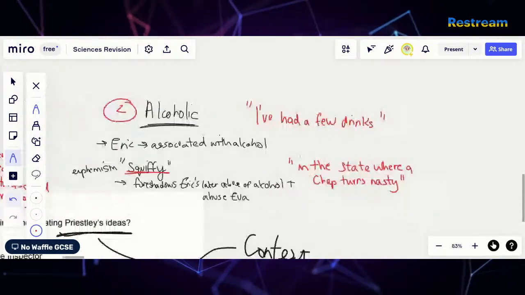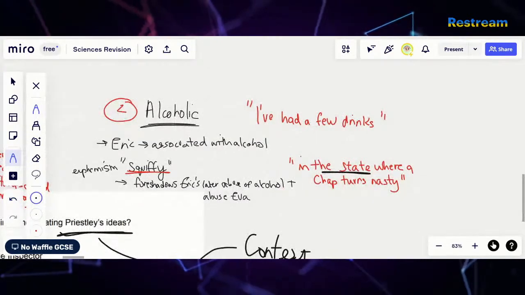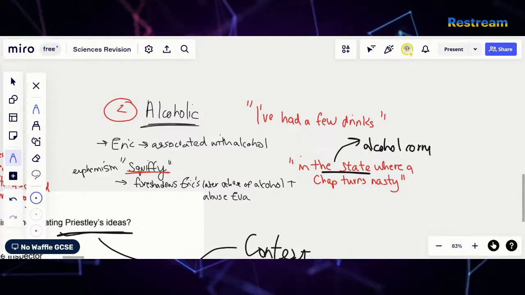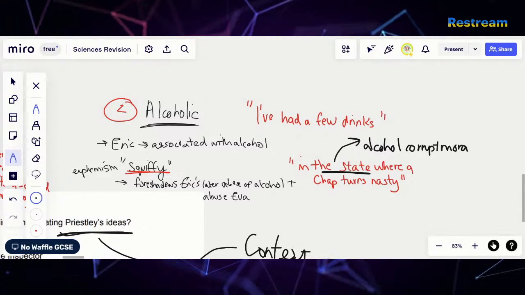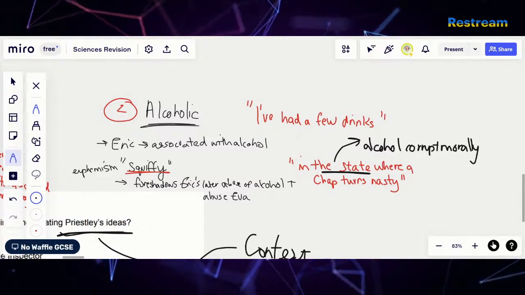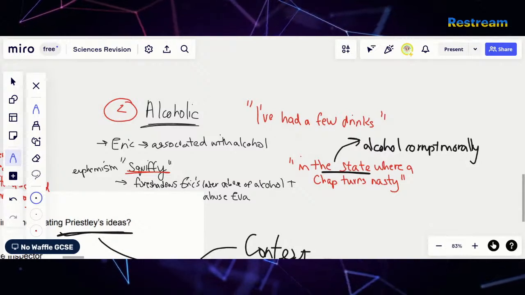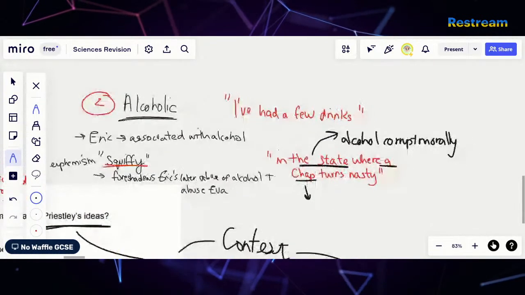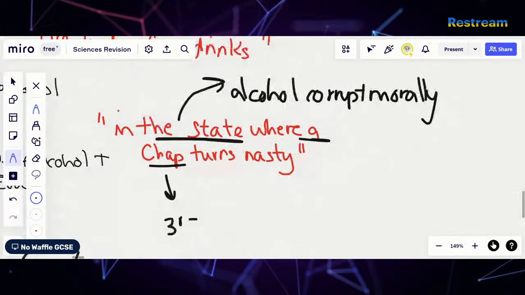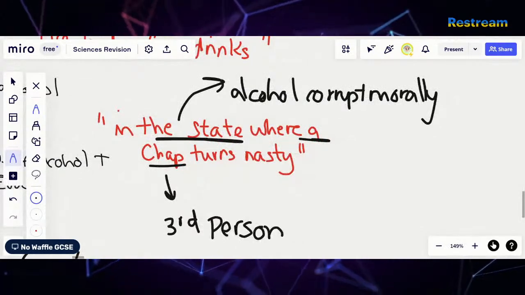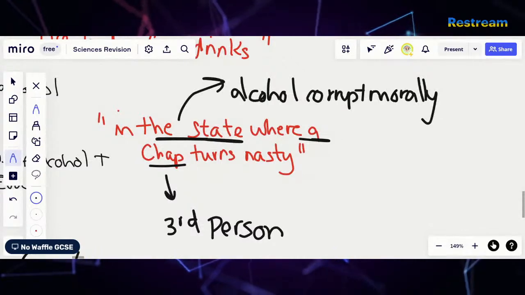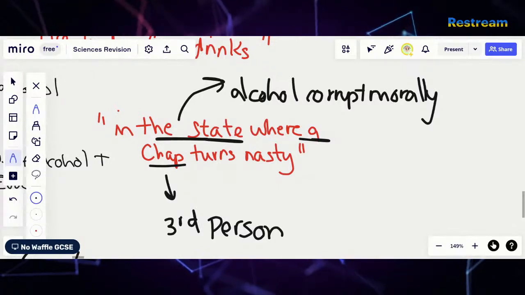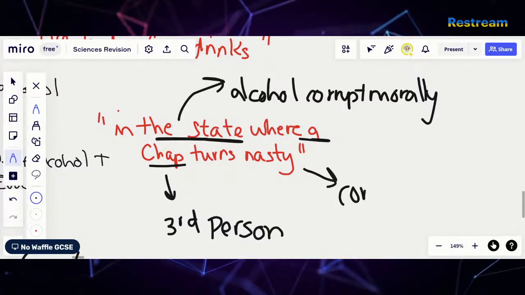When he says the state, he is referring to when alcohol begins to corrupt him morally. Instead of saying "in the state where I turn nasty," he refers to himself in the third person. And when referring to himself in the third person, he not only separates himself from the blame that he should feel, but he also projects this onto the audience, suggesting the state where a chap turns nasty is common.